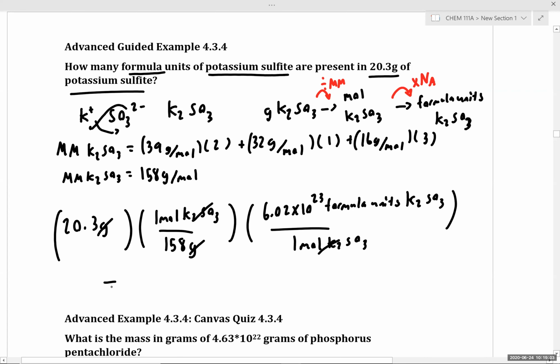Moles cancel. And now all we have to do is punch this into our calculator. And that in turn gives us 7.73 times 10 to the 23rd formula units.